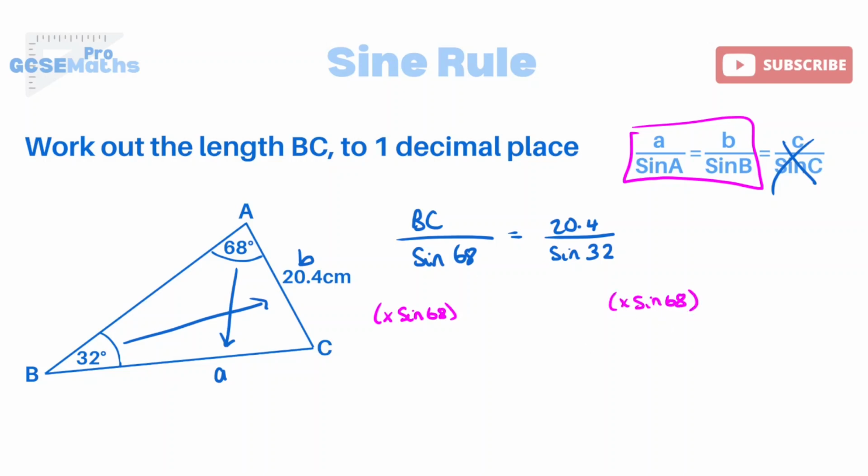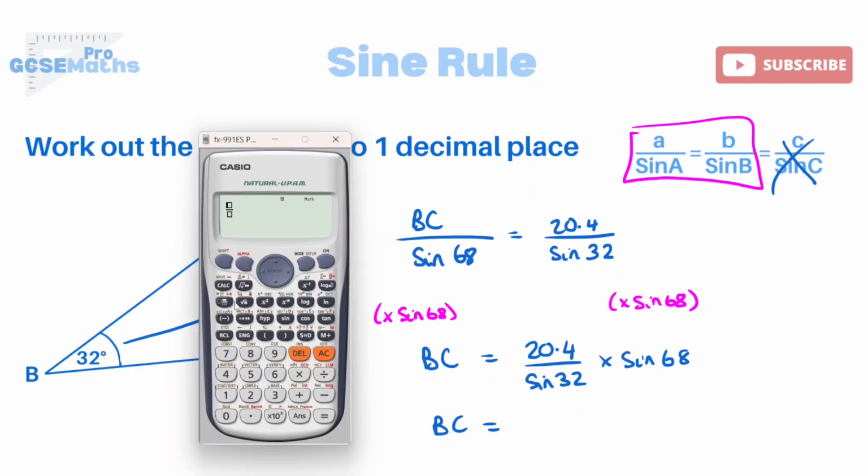So my actual equation to find out BC would be BC equals, this whole fraction here is fine, so 20.4 over sine 32 times by sine 68. Now that is what I'm going to type into my calculator, and then we will get our answer for BC. So this is obviously going to be a calculator question. Make sure you have your scientific calculator, not your phone calculator, because that will not work.